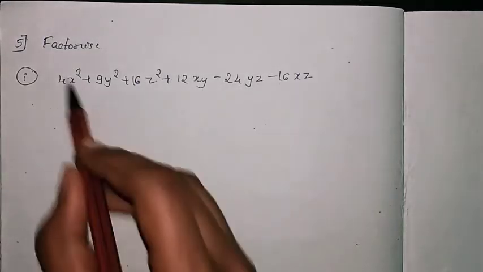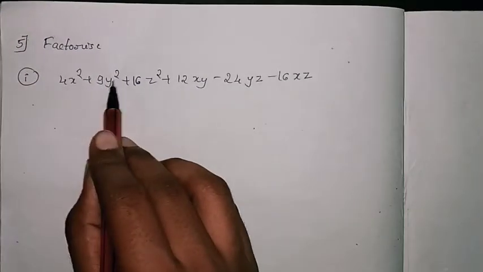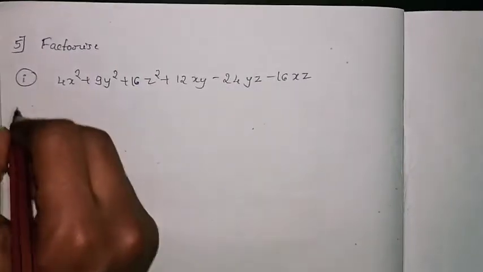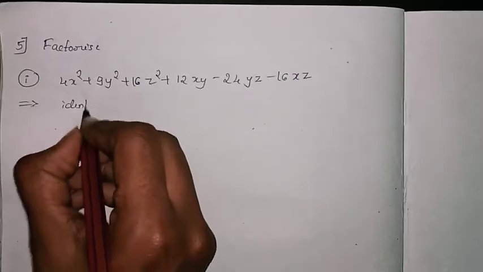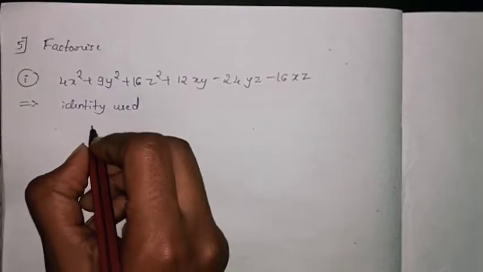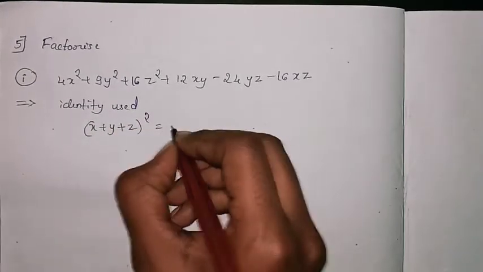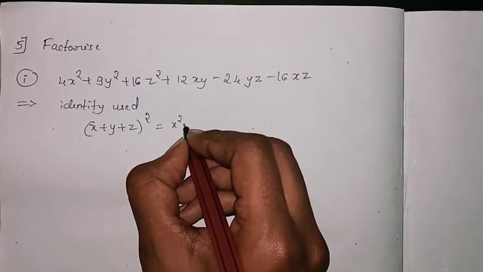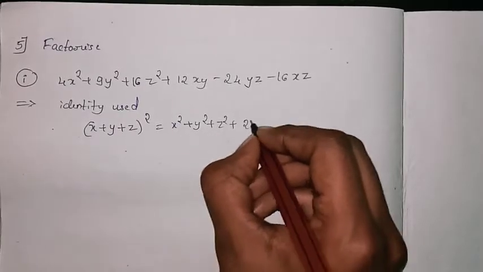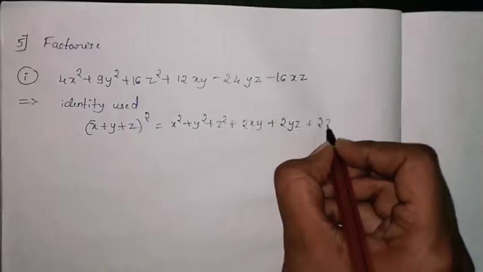Here the first terms are the x square term, y square term and z square term, the square terms, and after that xy, yz and zx. So the identity used in this question is (x plus y plus z) whole raised to square, which is x square plus y square plus z square plus 2xy plus 2yz plus 2zx.